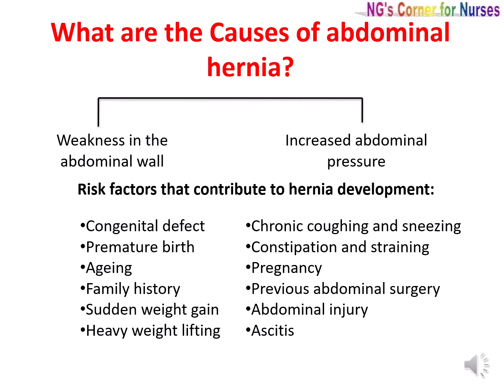Abdominal injury can leave a weak spot in the abdominal wall and that leads to hernia development. Next is ascites. Ascites is a condition where there is a fluid accumulation in the abdominal cavity, and this condition can increase the abdominal pressure and that leads to hernia formation.